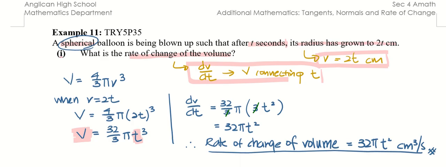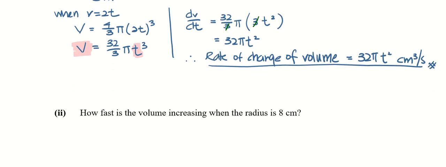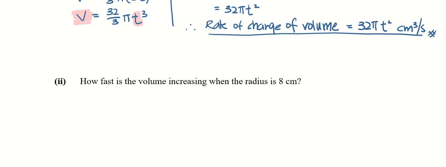Now part 2. How fast is the volume increasing when the radius is 8 cm? So at r equals 8 cm, what is my time? My 2t equals 8, that means my time is actually 4. So how fast is the volume increasing?